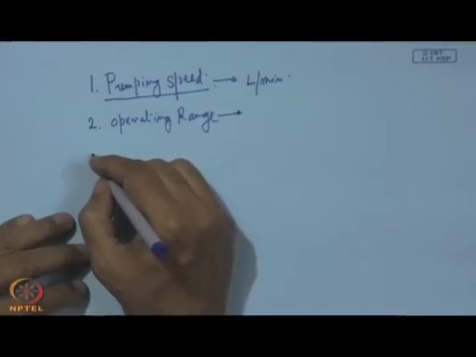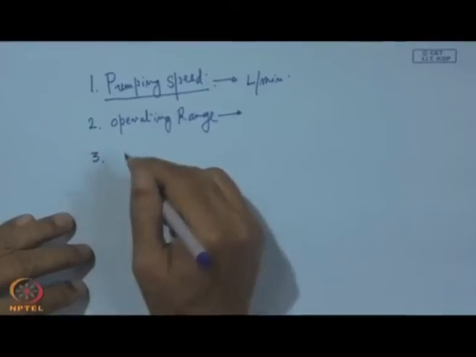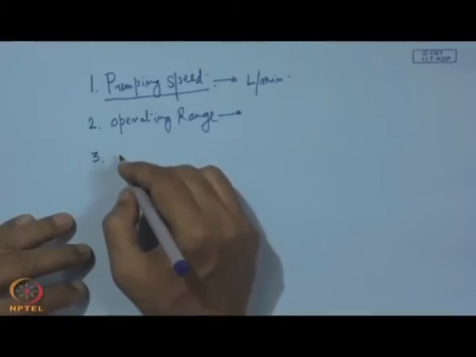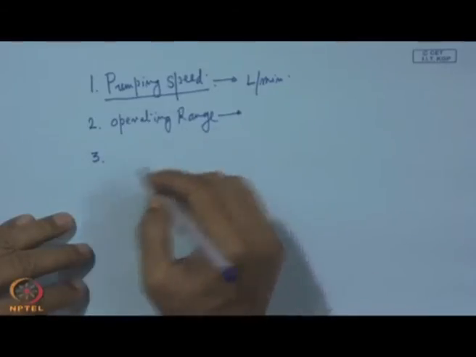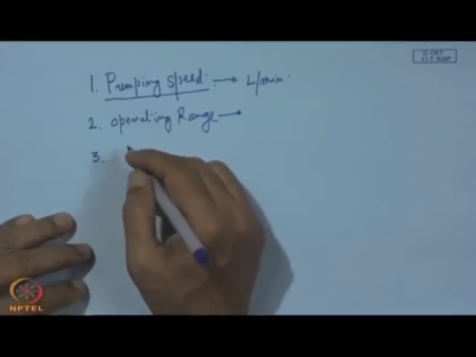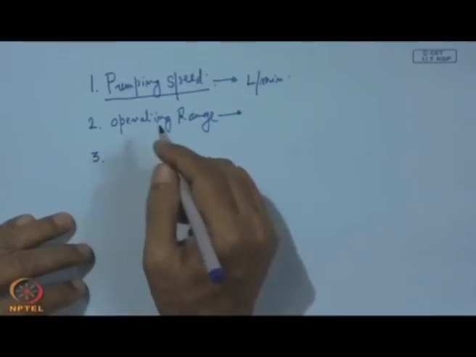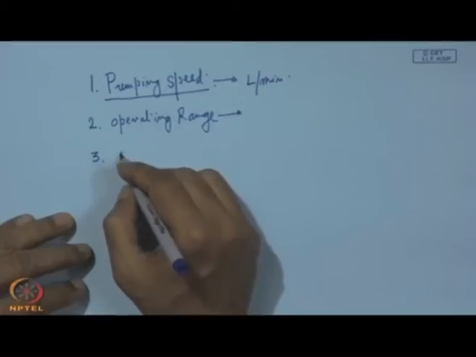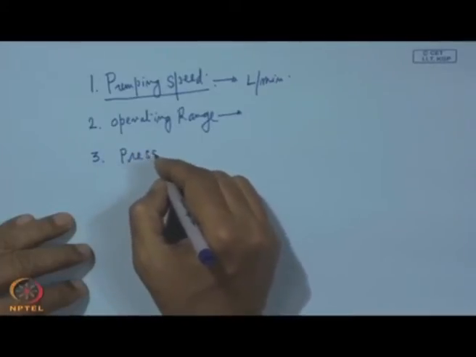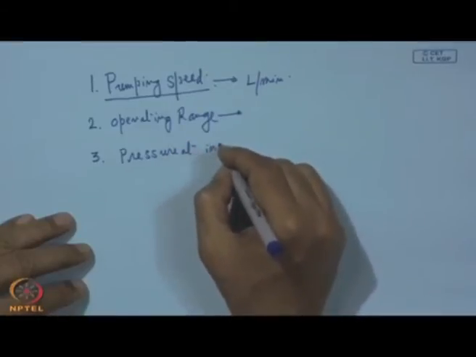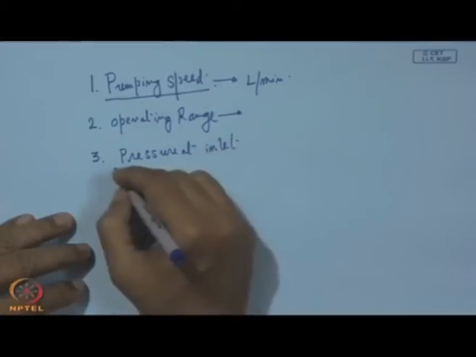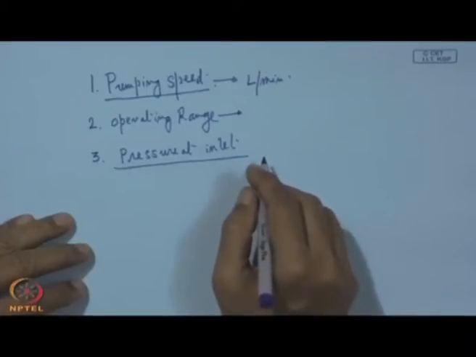Then comes a very important thing, the pressure at the suction side. That means, to what pressure it can bring down, what is the level of reduction of pressure. That means the pressure at the inlet of the pump.